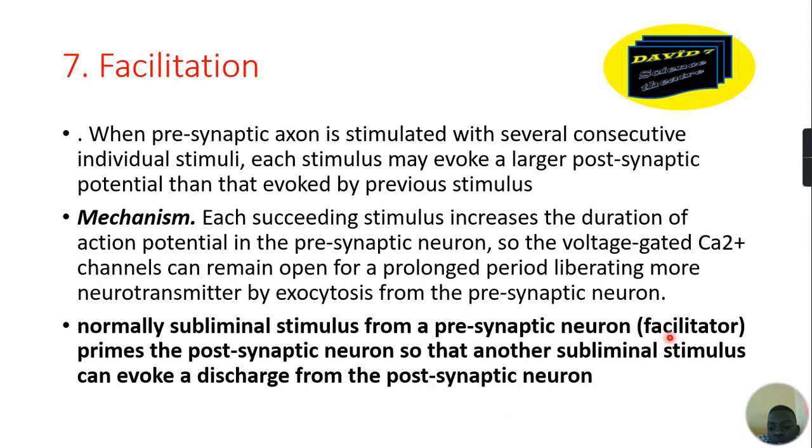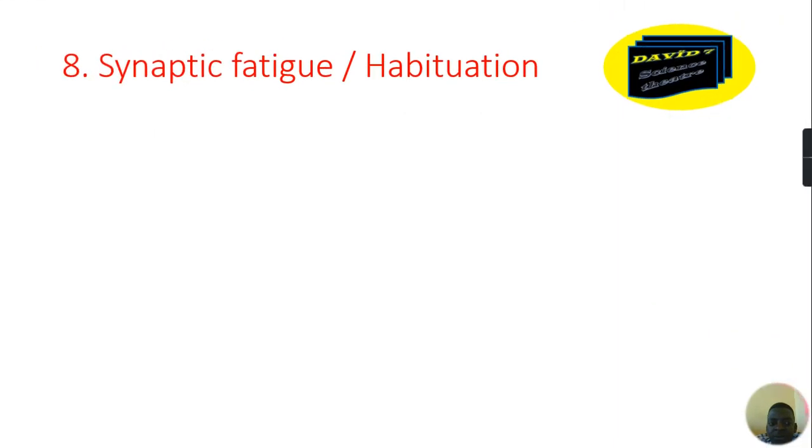In the recent video, I talked about the facilitator neuron, which is a third neuron that usually produces serotonin, call it 5-hydroxytryptamine. When it is produced, it will prime the postsynaptic neuron so that another subliminal stimulus can evoke a discharge from the postsynaptic neuron. So that is facilitation.